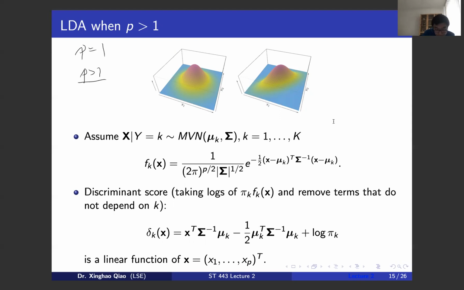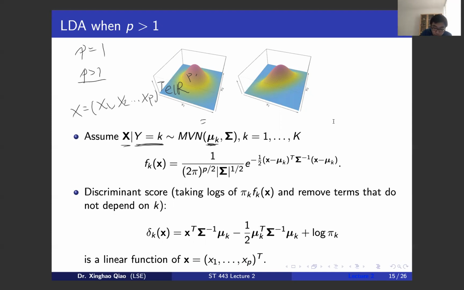Suppose that y belongs to the case class, and x here is a p-dimensional vector, including x1, x2, etc., up to xp. So this x will follow the multivariate normal distribution with mean vector equal to mu k.